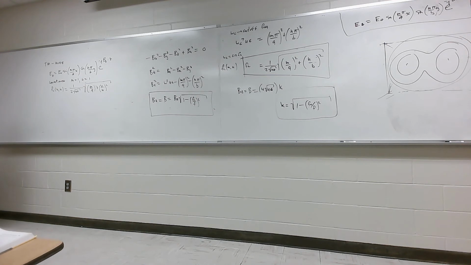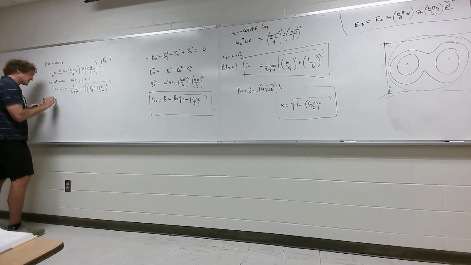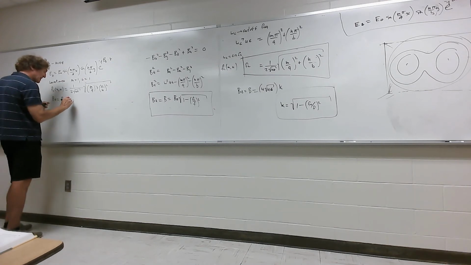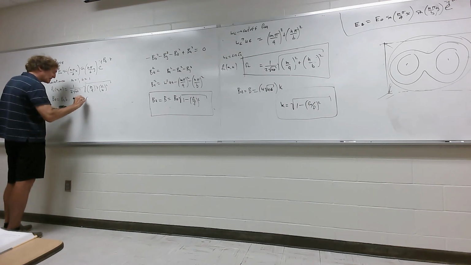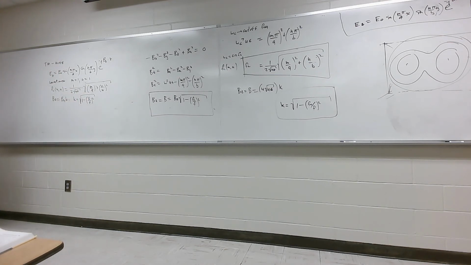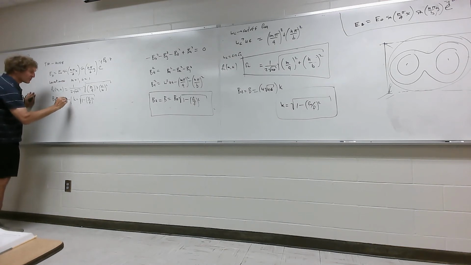Now, beta in the z direction is beta unguided times k, where k is equal to the square root of 1 minus (fc over f) squared. We've got beta z, and finally, I'll put it over here, the impedance of the waveguide in the TM mode is equal to just eta times k, where eta is equal to the square root of mu over epsilon. So that's why this k is so important.